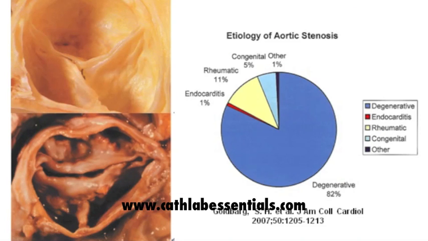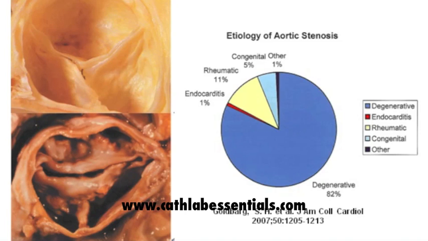The most common etiologies of aortic stenosis are listed here, and the most common etiology we see in our country is degenerative aortic stenosis, where calcifications, degeneration of the leaflets, thickening, and rigidity occur.